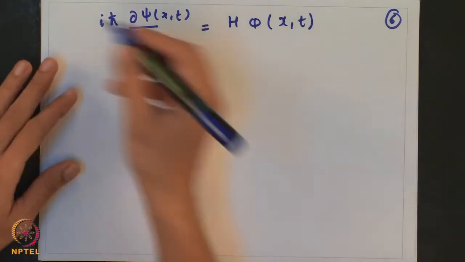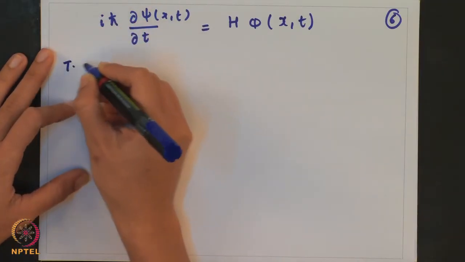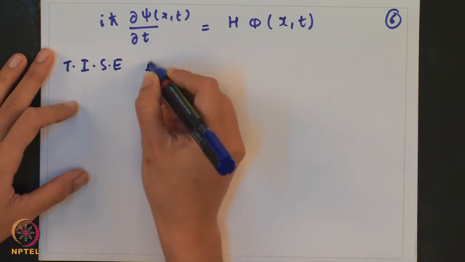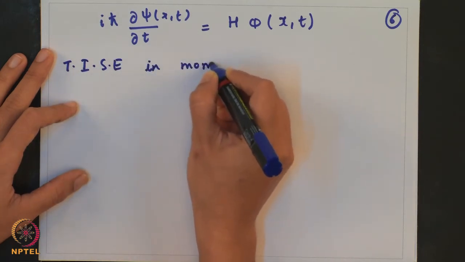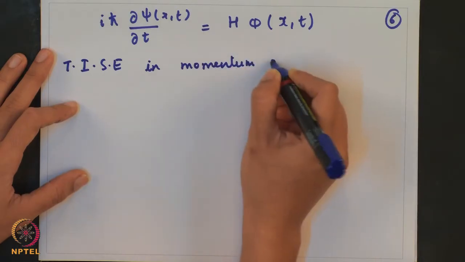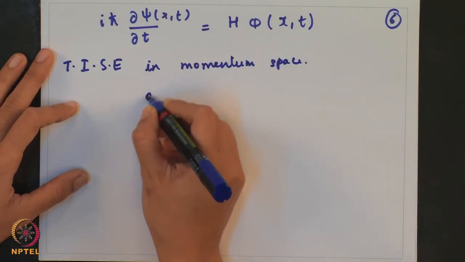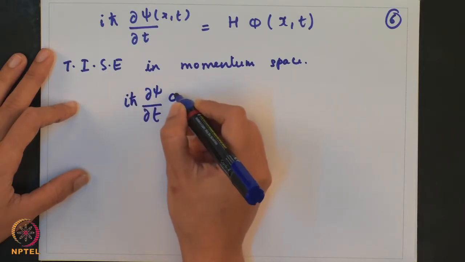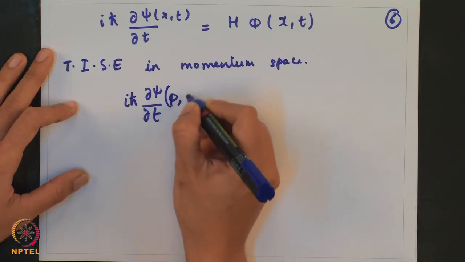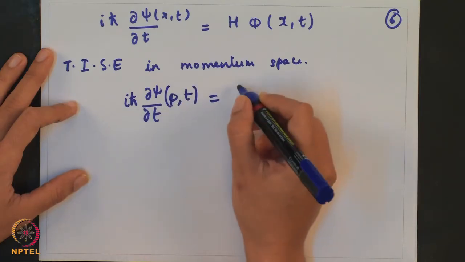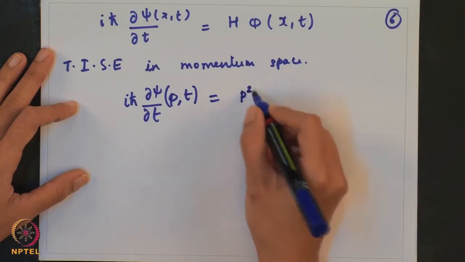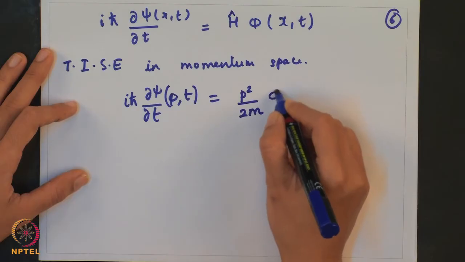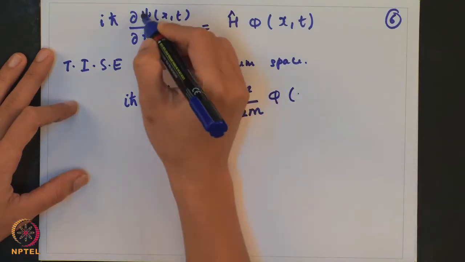Now, I will write the Schrodinger equation in momentum space. This would look like i h cross ∂ψ(p,t)/∂t equals H, which I can write as an operator, p squared upon 2m, acting on phi.